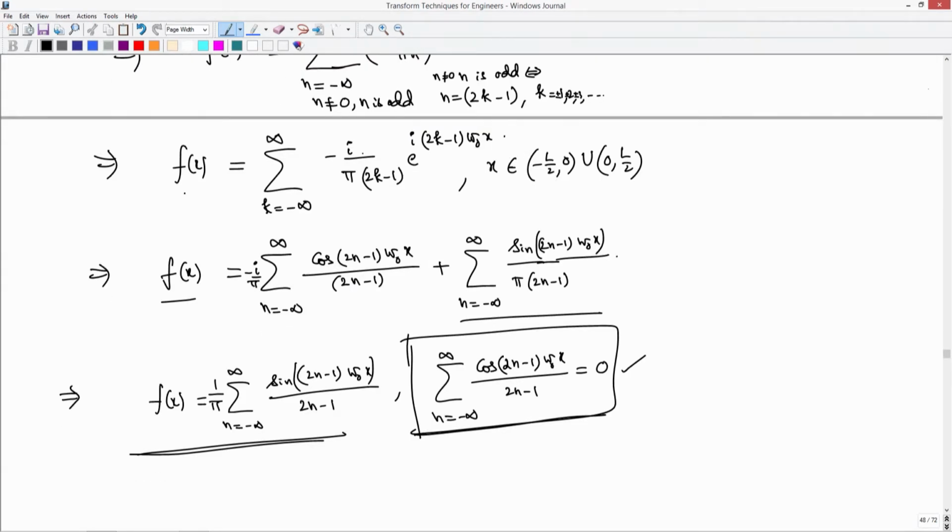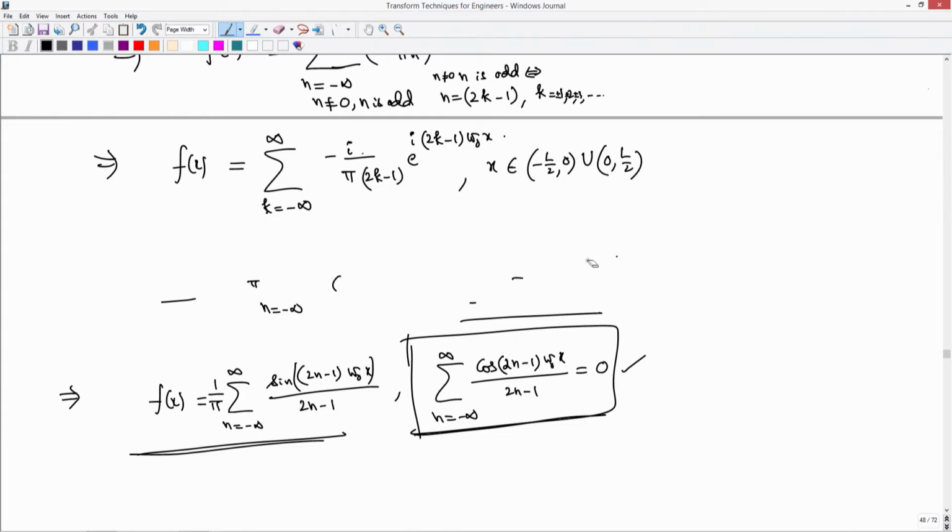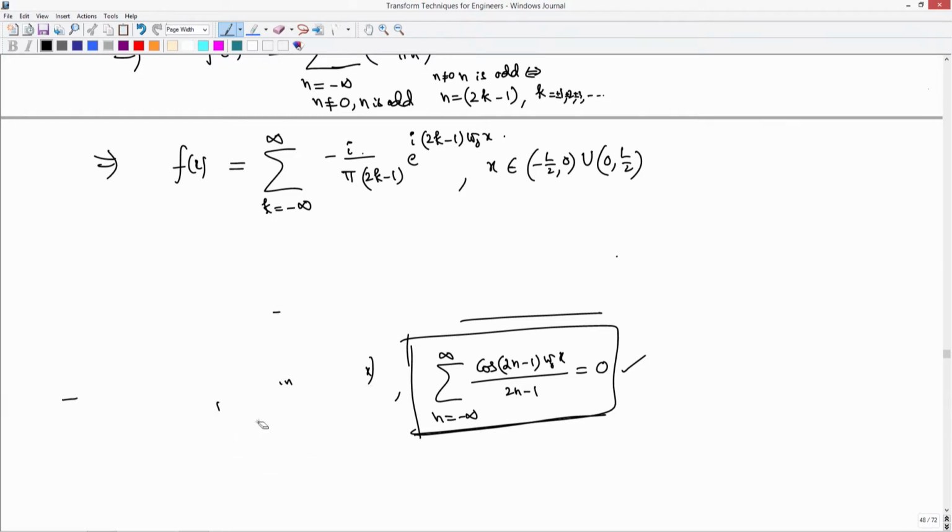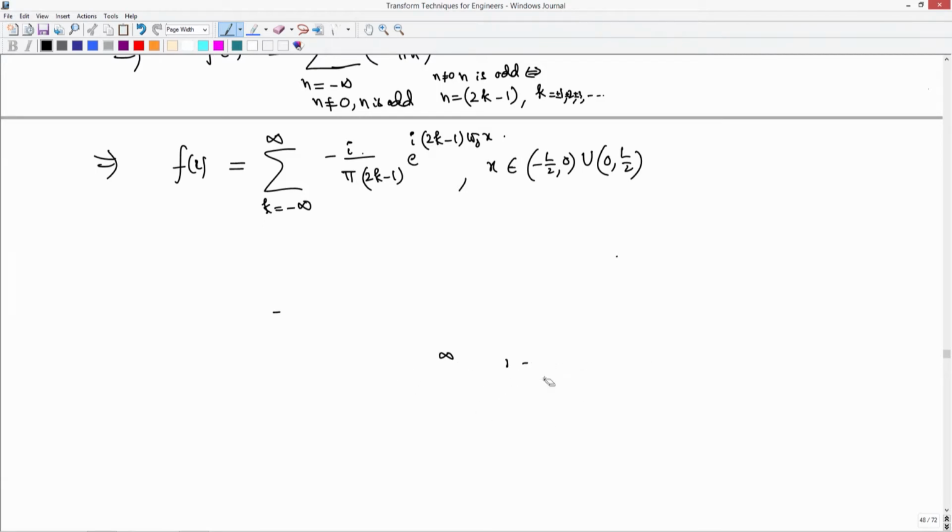We can do something else here. Because the Fourier series converges in this interval, we can always rewrite it. This is minus i by pi times the sum over k not equal to 0.